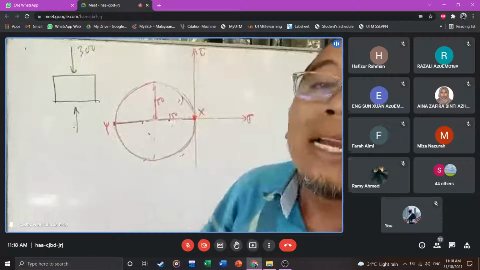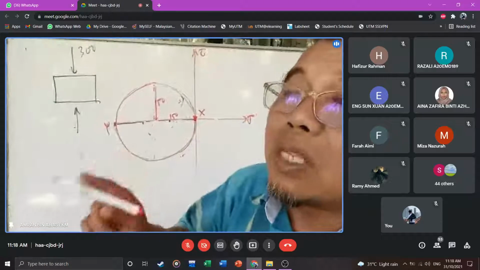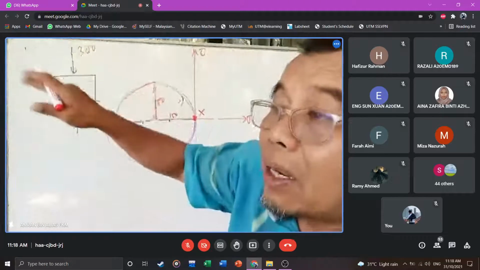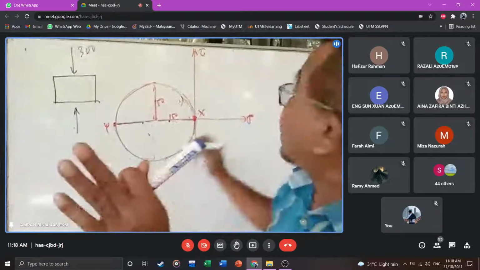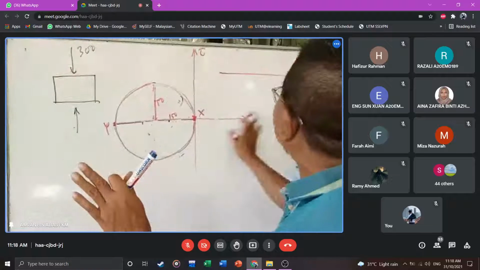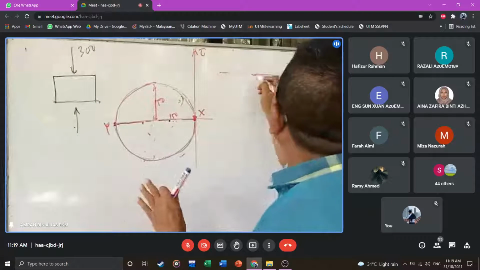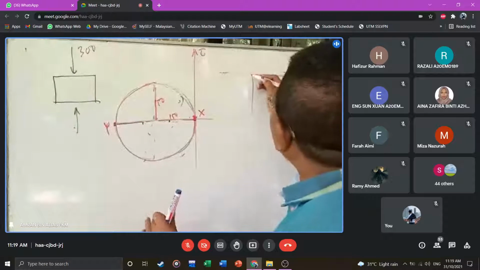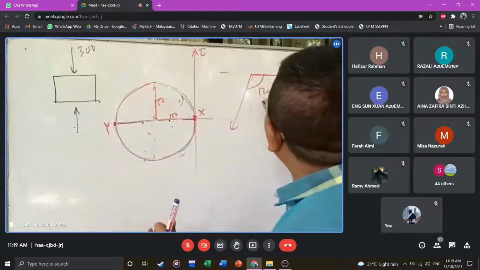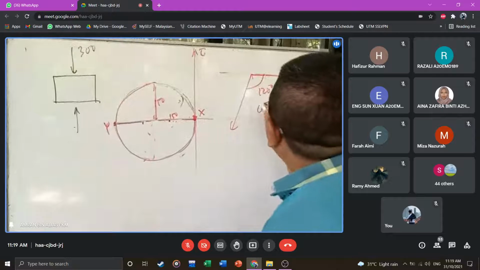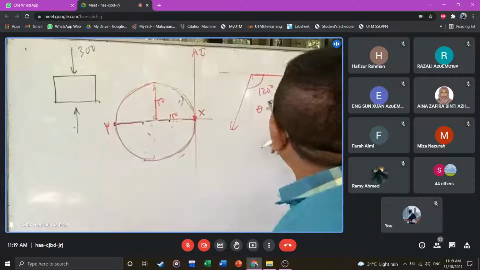I want to go 120 degrees, negative 120 degrees. Negative means what? Clockwise, in real life. Go to the real life first. What is real life? This one. This is your X there. This is 90. That one. Your X, this is 120 degrees. This is theta equal to minus 120 degrees. This is the meaning.